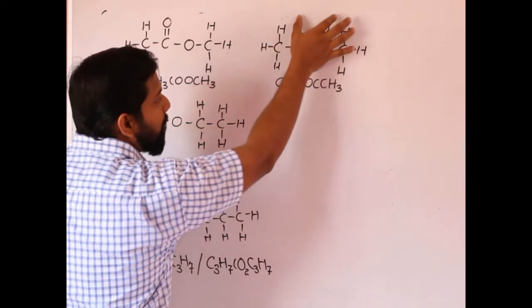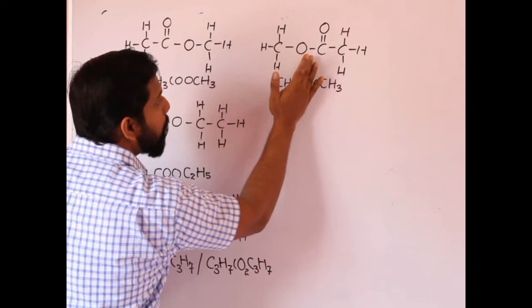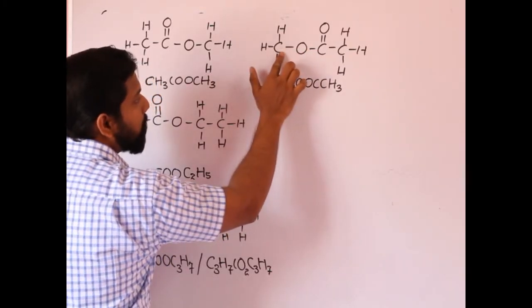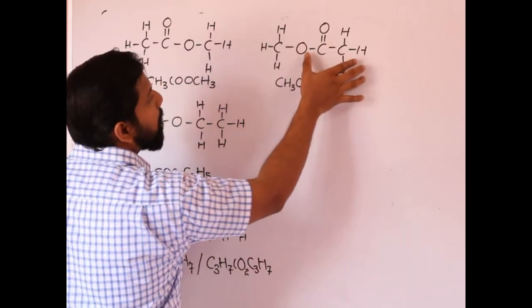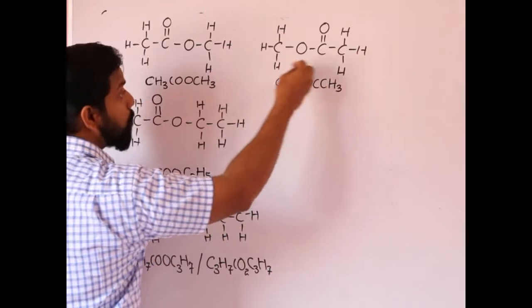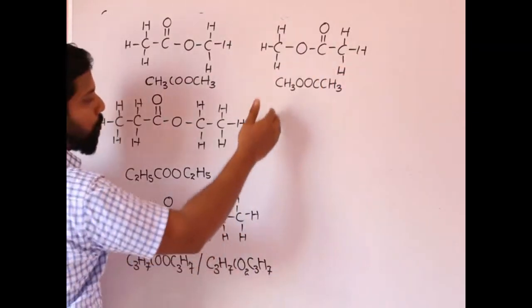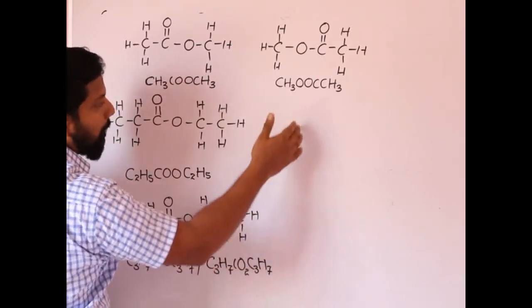See, we have the ester linkage here, but now I have put the alcohol part first. You have 1 carbon atom, which is methyl, and 2 carbon atoms, which is ethanoate. So it goes with the name methyl ethanoate. So why don't you try these 2 and get back to the video.